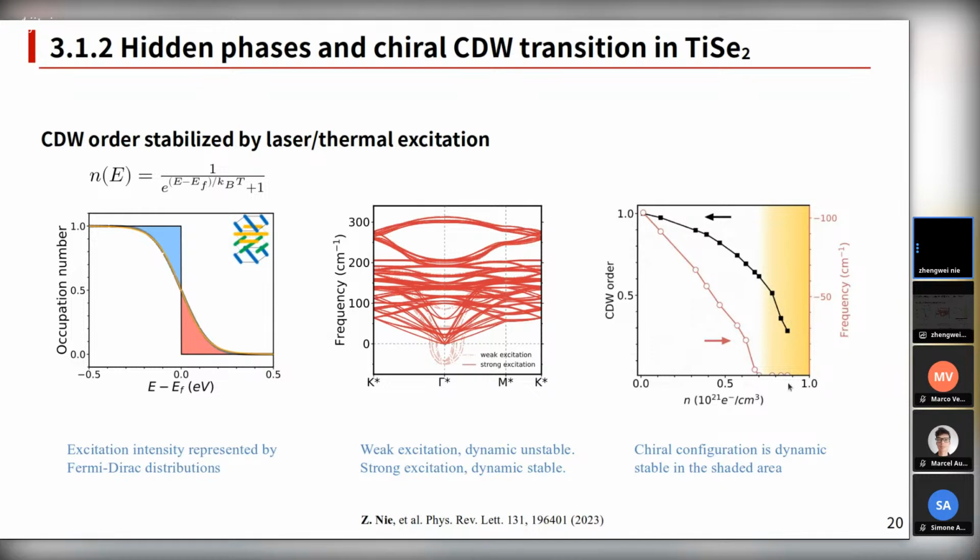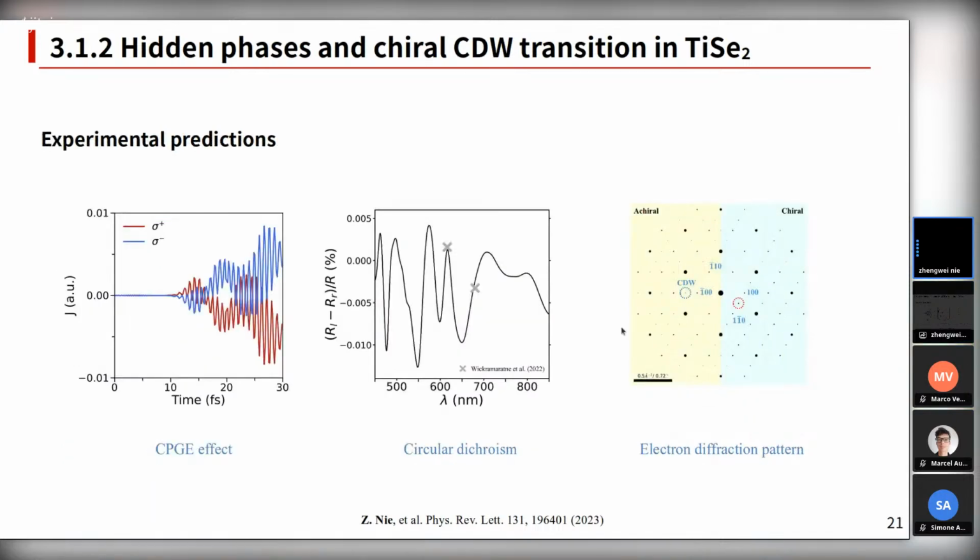This means we can draw a conclusion that circularly polarized light can successfully induce and stabilize a chiral phase in TiSe2 charge density waves.